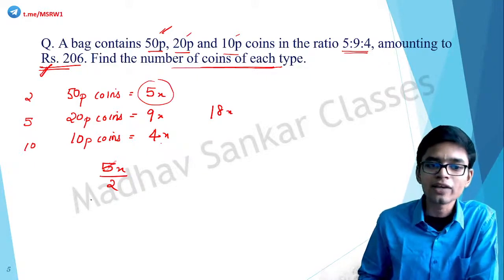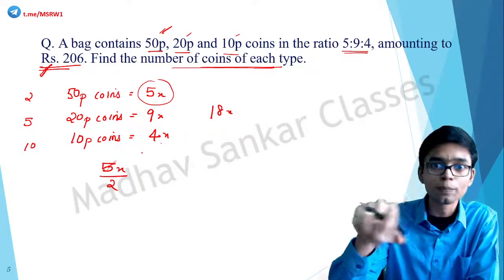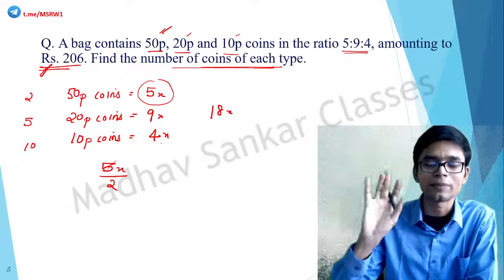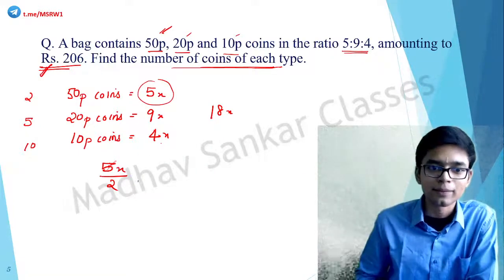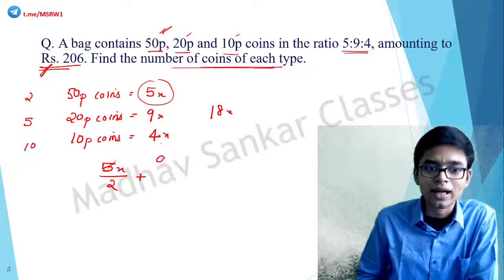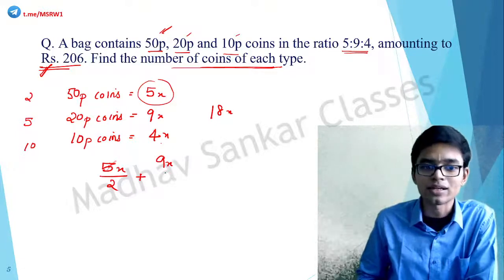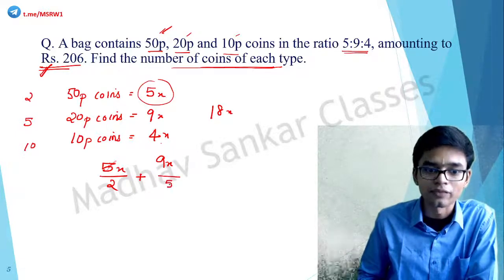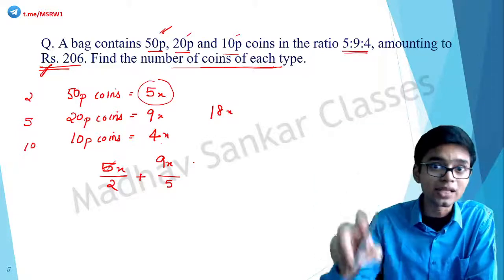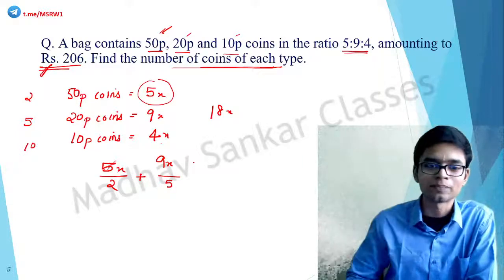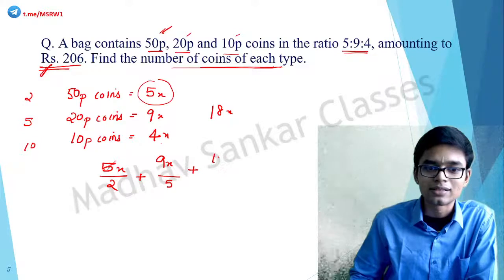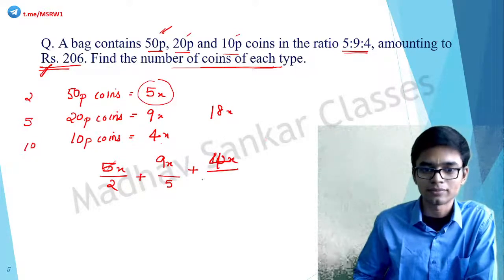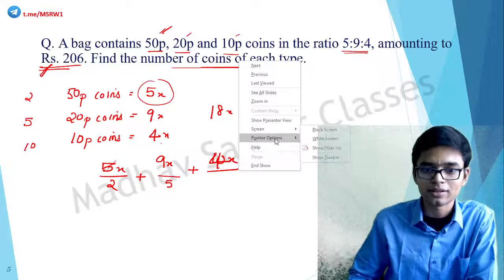Correct? So 5x by 2 is the total rupees of 50 paise, sorry. Okay? Plus 9x, this gives the 20 paise coins. 9x by 5 is the total rupees of 20 paise. Plus 4x by, let me just erase that.